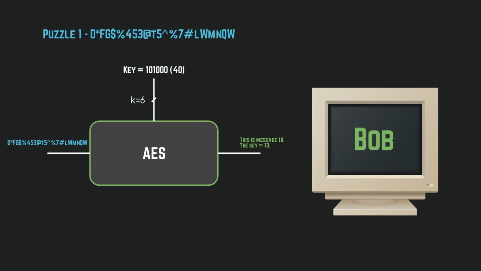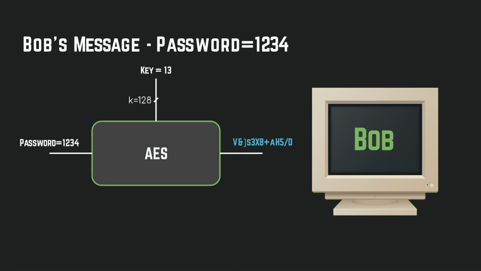So he can take whatever message he wants to send, encrypt it with the key 13, and send it to Alice. One note is that when sending and receiving messages, we are using a much larger key size, or k, of 128 bits, versus the less secure k value we use to encrypt each puzzle. We wanted Bob to be able to solve the puzzle, but we do not want anyone to be able to brute force the actual contents of the message being sent between Alice and Bob.